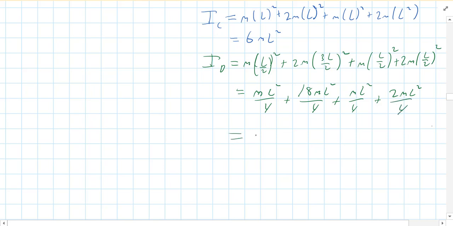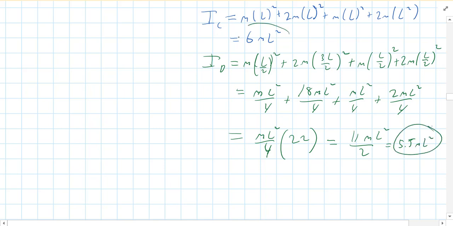We can factor the mL squared over 4 out, and we end up with 1 plus 18 plus 1 plus 2, so 22. And if you reduce that, you could say 11mL squared over 2, which would be 5.5mL squared. So that's just a little easier than spinning it about axis C.